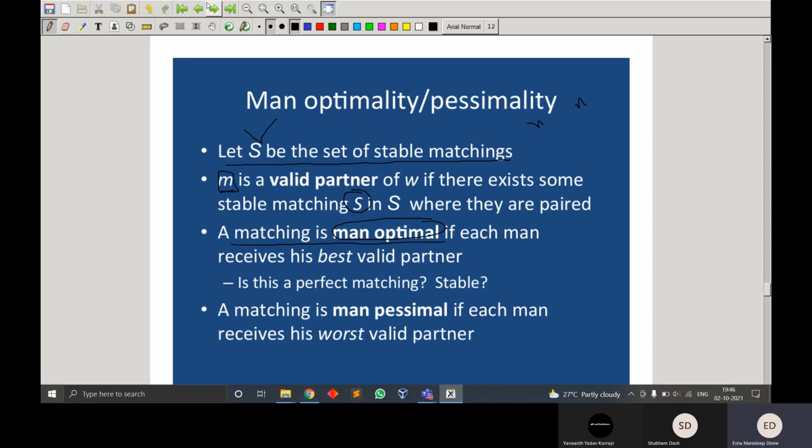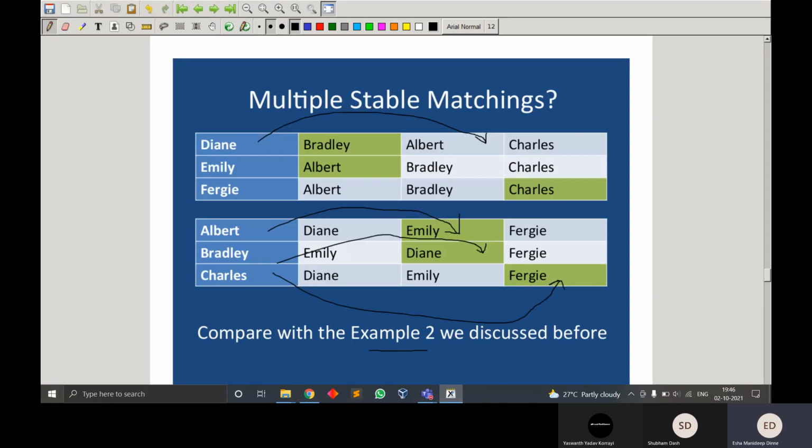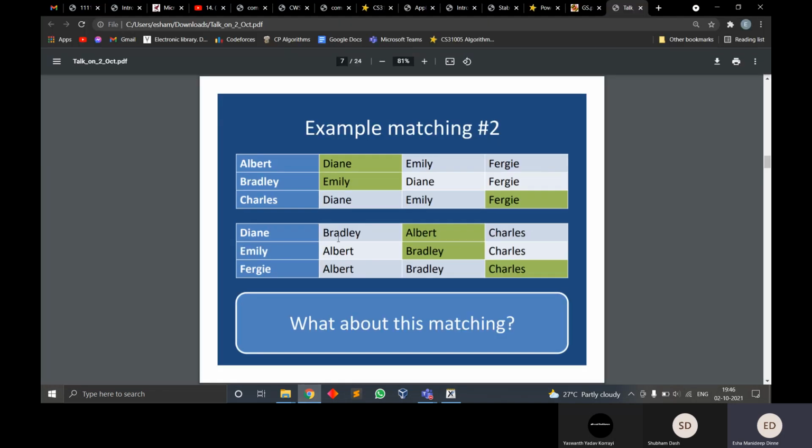Let's look at these two again. Here, Albert doesn't receive his best possible partner. Albert receives his second preference. Bradley receives his second preference. Fine. Now, in this case, Albert receives his first preference. Bradley receives his first preference. So, out of all valid pairs of Albert, the highest person he can reach is Diane.